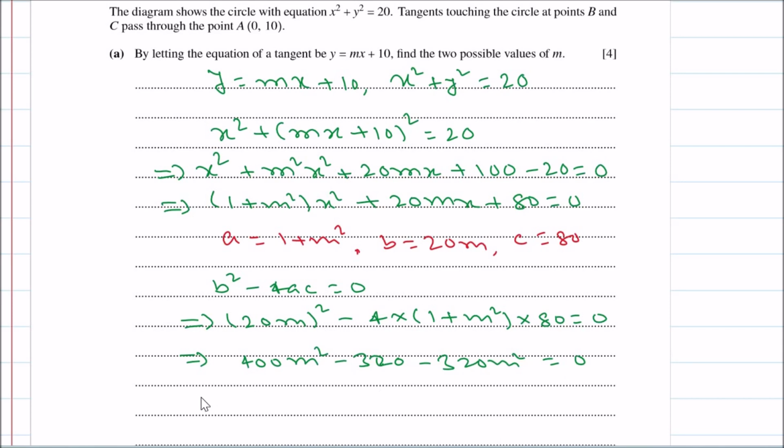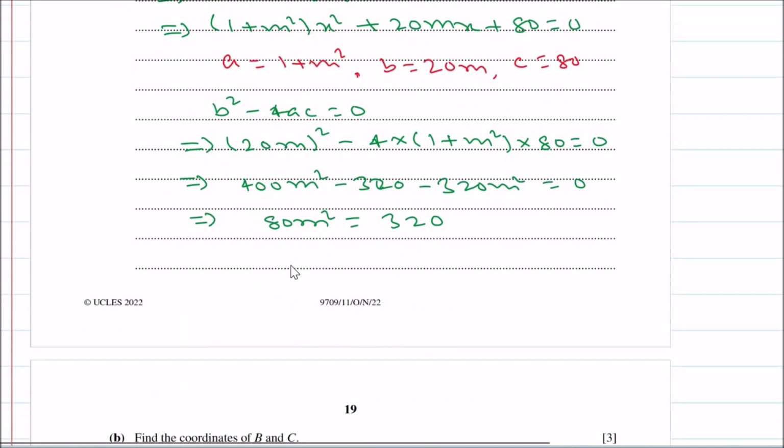Let me correct it. Now if we simplify the like terms, 400m square minus 320m square will be 80m square, and shifting minus 320 to the right side becomes 320 positive. This gives us m square is equal to 320 divided by 80, which is 4, and this implies that m is equal to plus or minus 2.